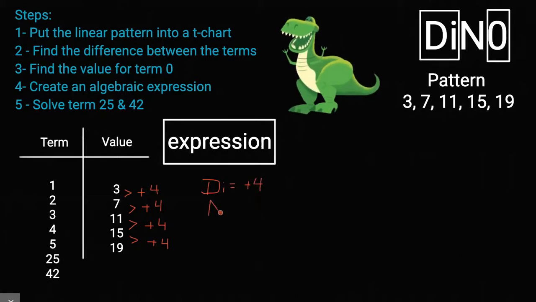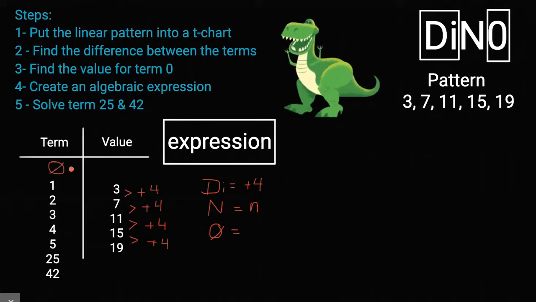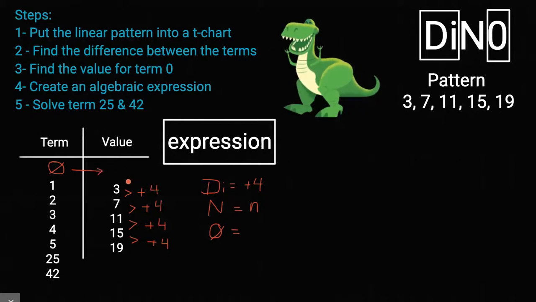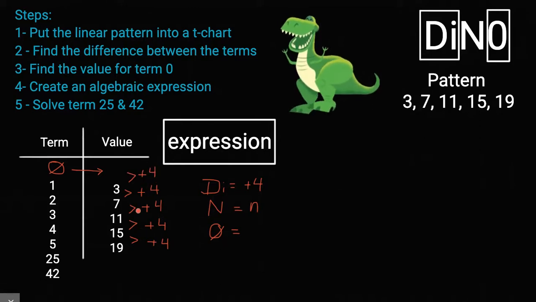The n just stands for the variable that we're going to bring down, which is n. And then I need to find term 0. So when my term is 0, what is my value? So something plus 4 is equal to my term 0. Okay? So you could work backwards by saying 3 minus 4 is my value. So that would get you -1.